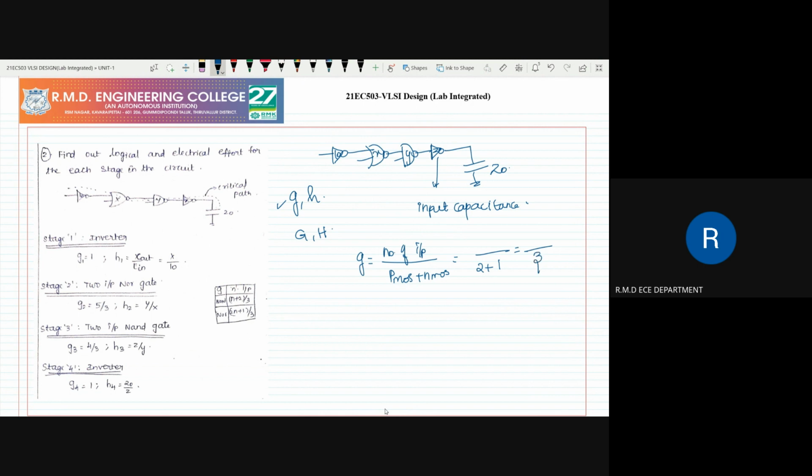The denominator is always 3, and the total number of PMOS and NMOS transistors in that gate goes in the numerator.